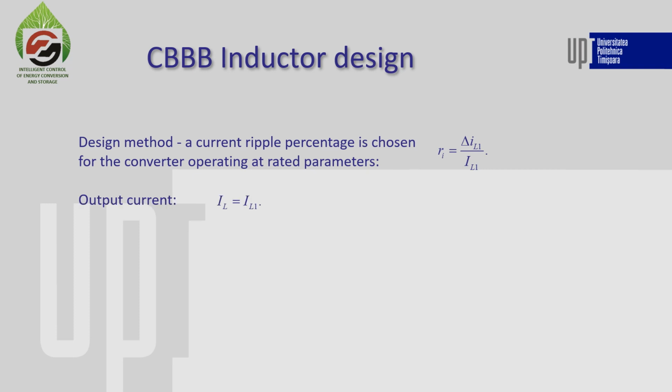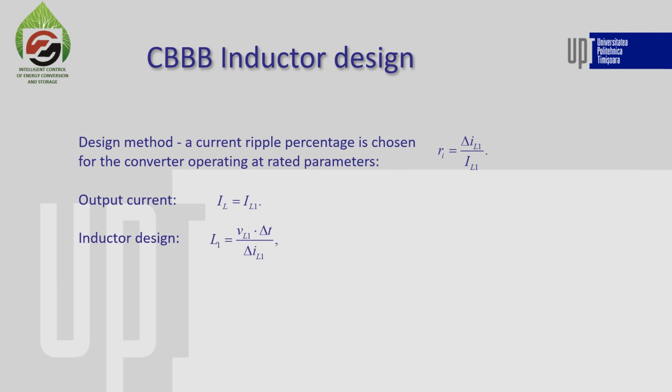We then continue by finding the relation between the inductor current and the output current on the low voltage side. And we see here that these two currents are equal, but this is not the case for all converters, of course.